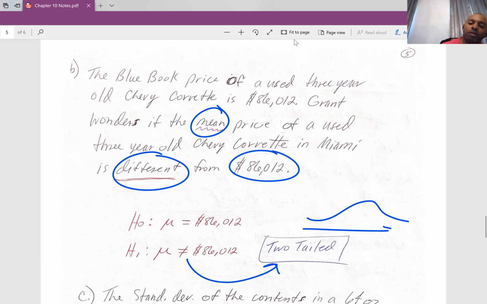And that means we're talking about to the right or to the left, less than or greater than. All right. Questions? Any questions?